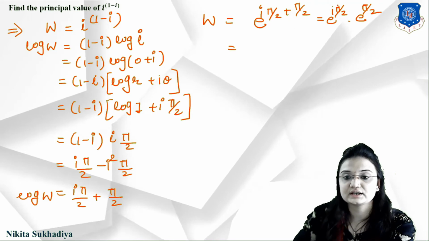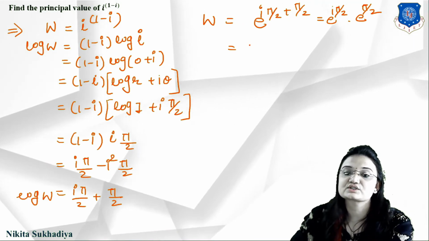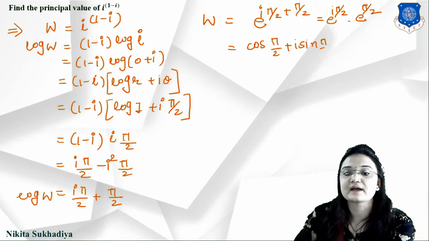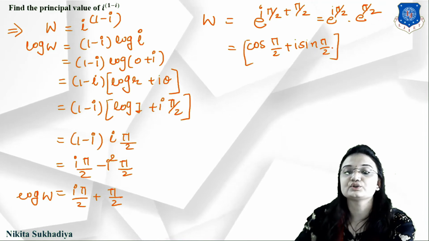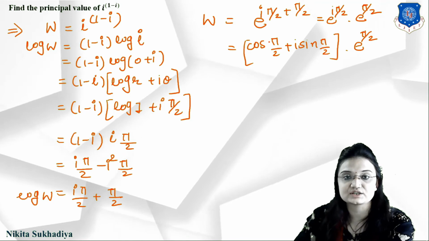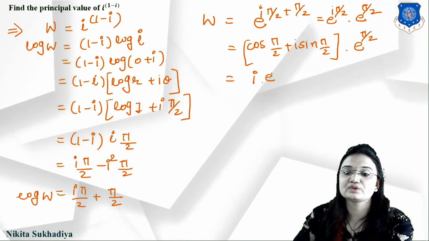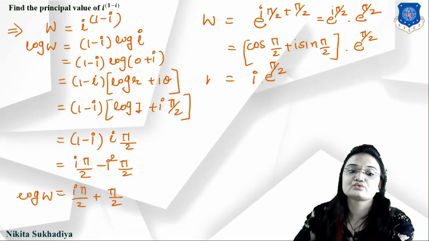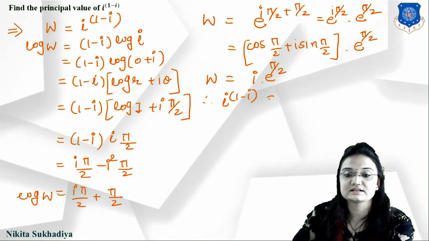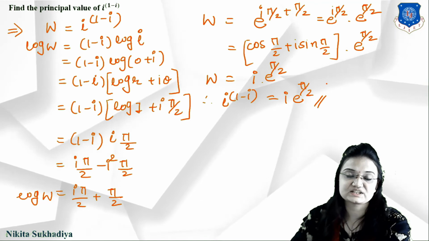We know that e raised to i theta is cos theta plus i sin theta. So this is (cos π/2 plus i sin π/2) into e raised to π/2. Now cos π/2 is 0 and sin π/2 is 1. So our answer is i into e raised to π/2 for w, and i raised to 1 minus i is equal to i e raised to π/2, our final principal value.